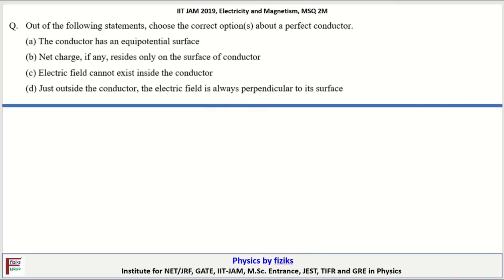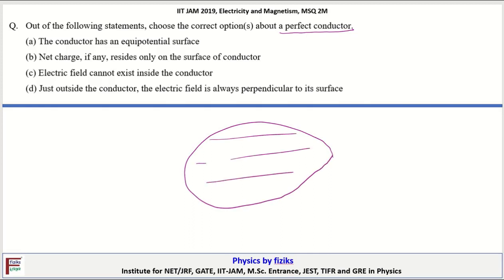So in this question, we have to see the correct statement about a perfect conductor. Let us first see what the properties of a conductor are, and consider an unsymmetrically shaped conductor. We know that inside a conductor, the electric field is always 0, the charge density rho is also 0, and the potential V is some constant value.